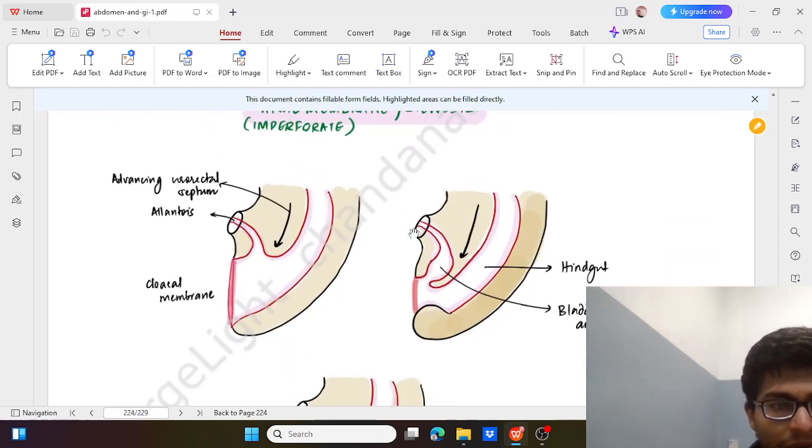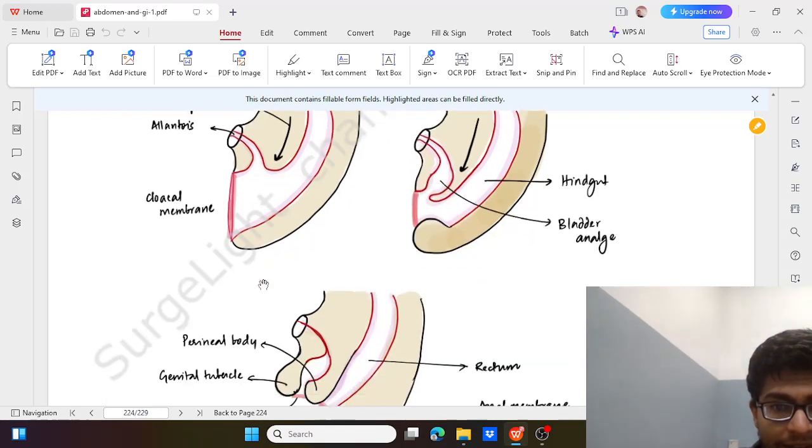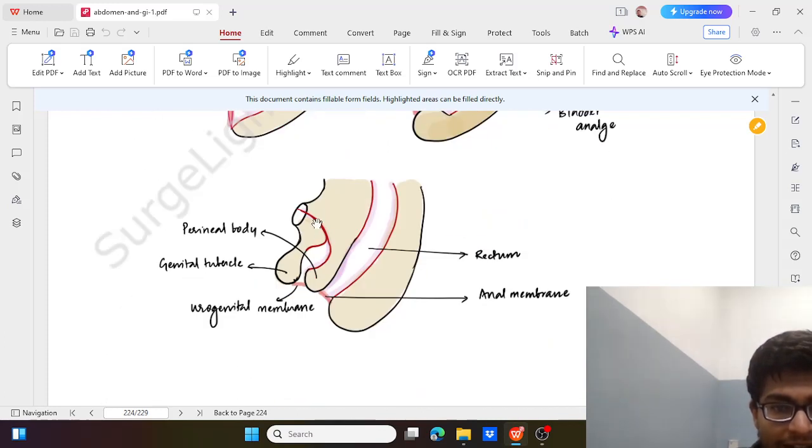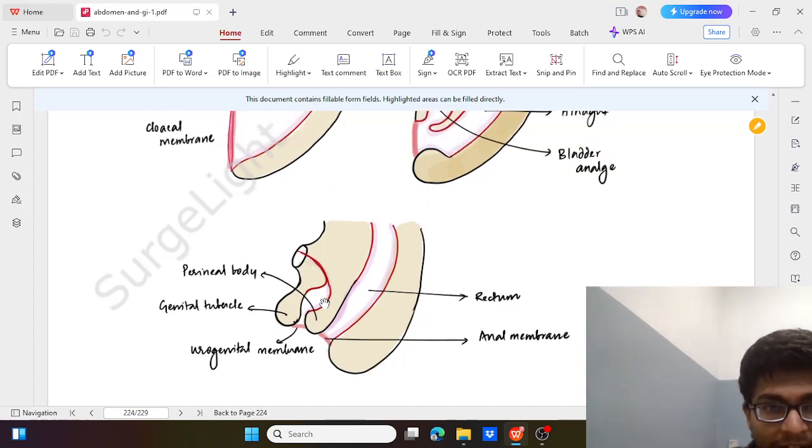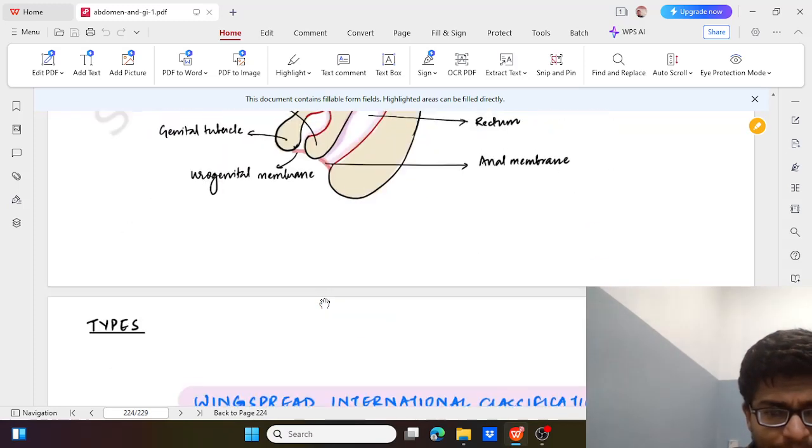In the diagram, the advancing urorectal septum forms the urogenital pathway and the rectal pathway. Anteriorly is the urogenital membrane, posteriorly is the anal membrane, divided from the cloacal membrane.